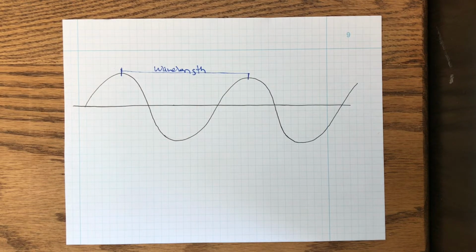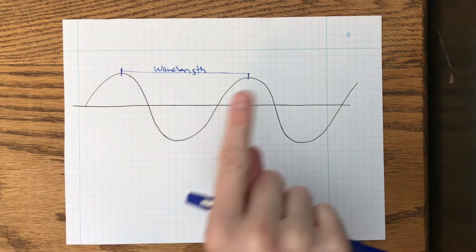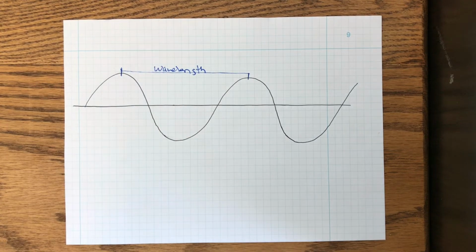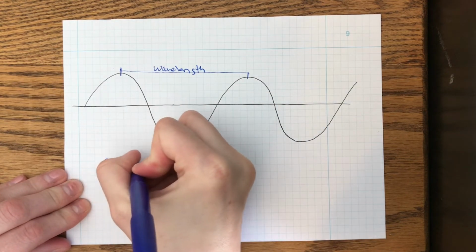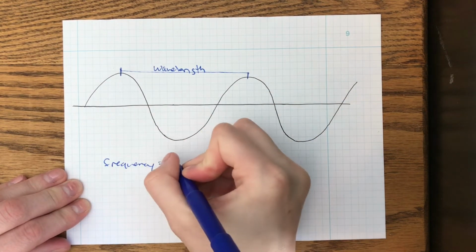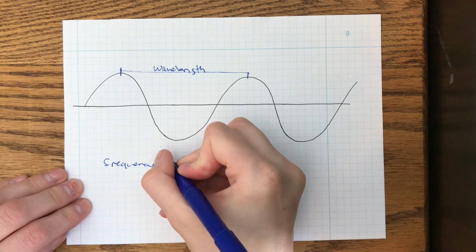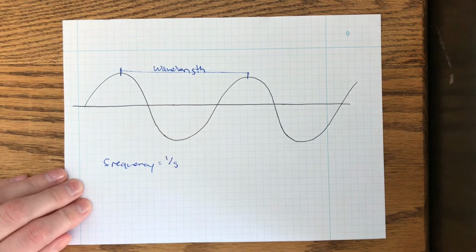The other thing we need to know if we're going to calculate wave speed is frequency. Frequency means how many cycles per second. If you picture a moving wave, it's how many of those oscillations per second. So frequency is how many cycles per second, 1 per second.